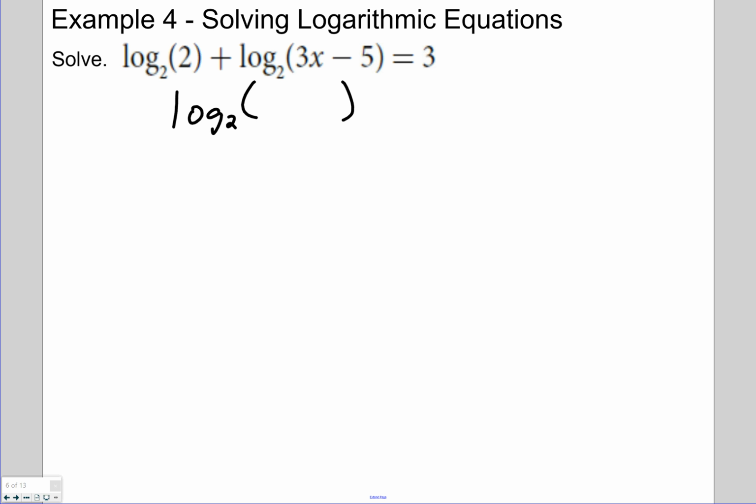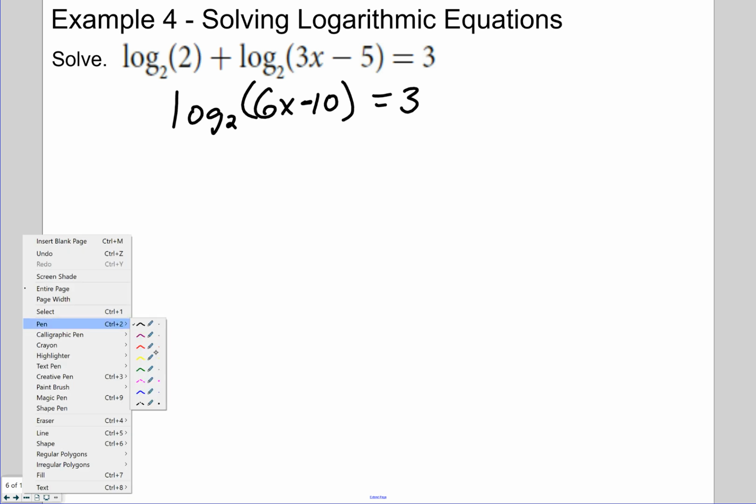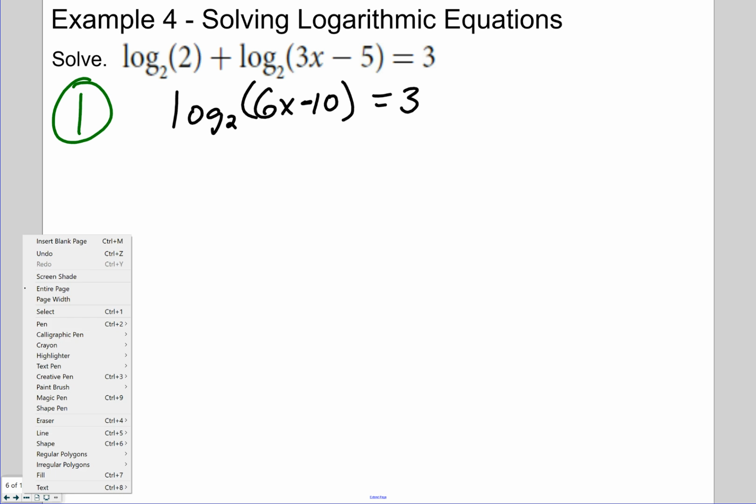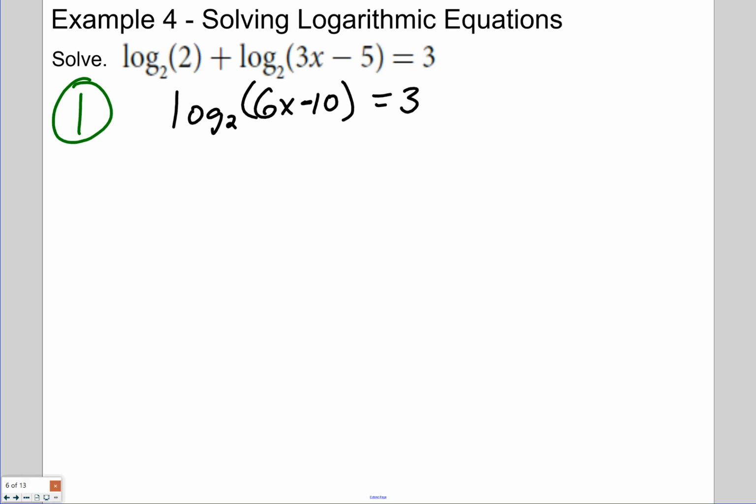Awesome. And could you do that for us in your head? She said multiply 2 and 3x minus 5. Excellent. Thank you. You see it? You said it? Okay. Equals 3. Uh-oh! We have just achieved what? This is goal number what? 1. We have just achieved goal number 1. 1 log on one side, which means it's time to solve this puppy.